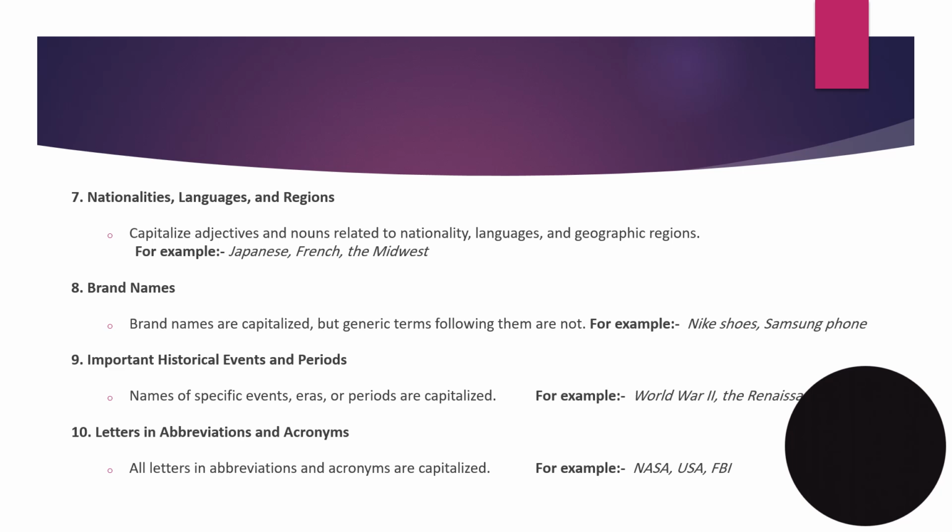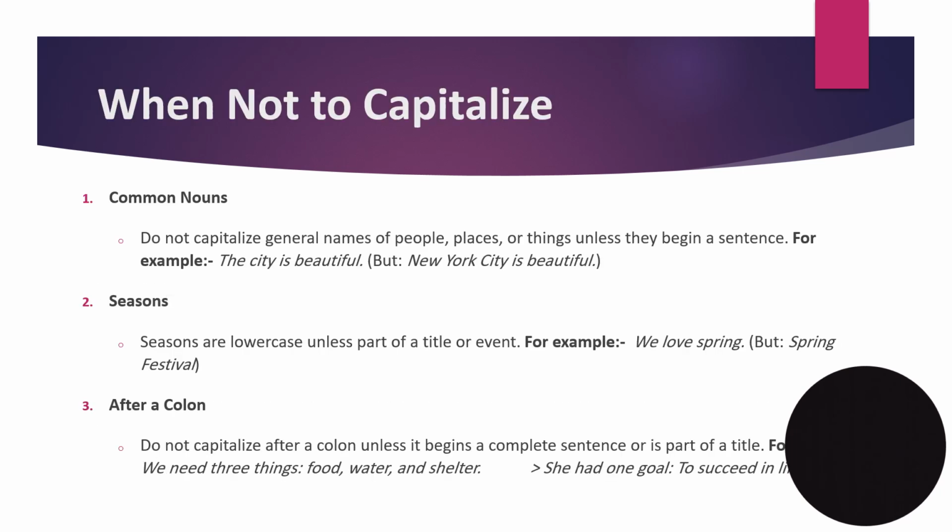Brand names, for example, Nike, Samsung. Important historical events and periods, for example, World War I, World War II, or the Renaissance. Letters in abbreviations and acronyms like NASA, the USA, the FBI, and so on.